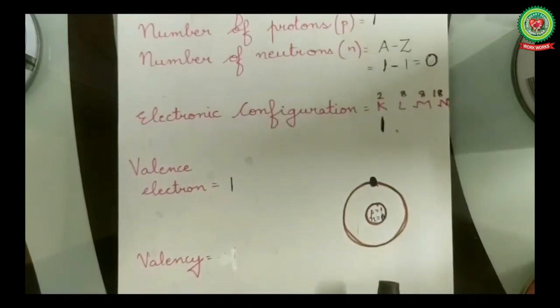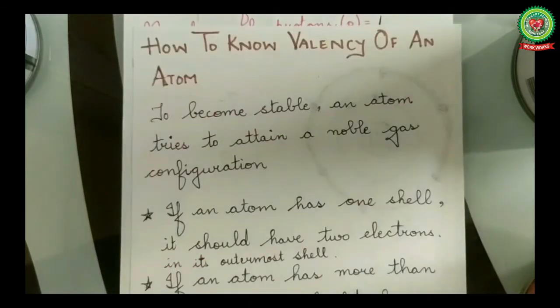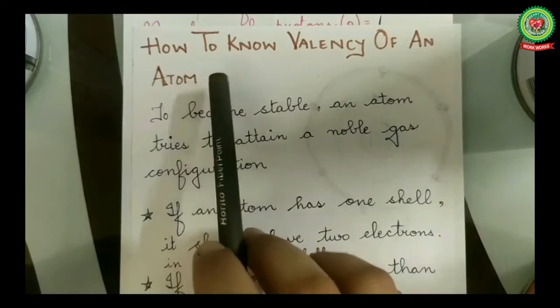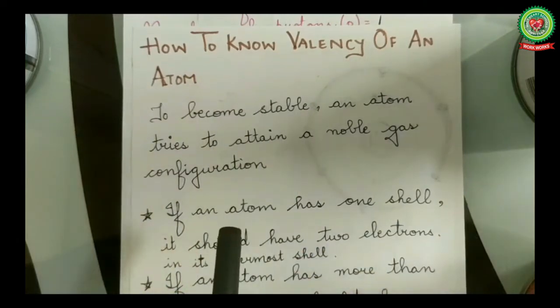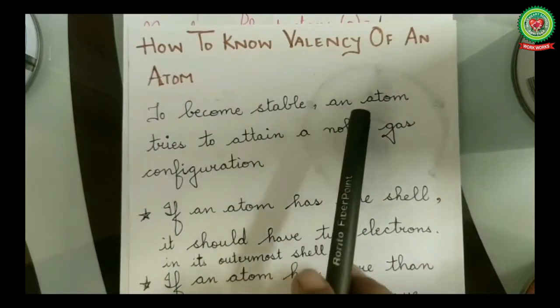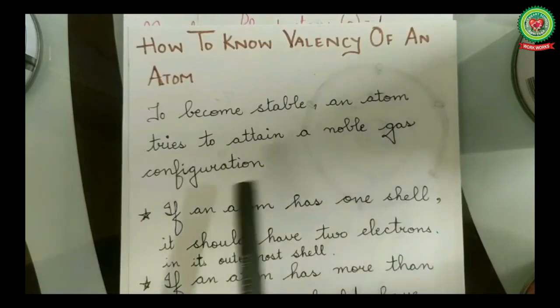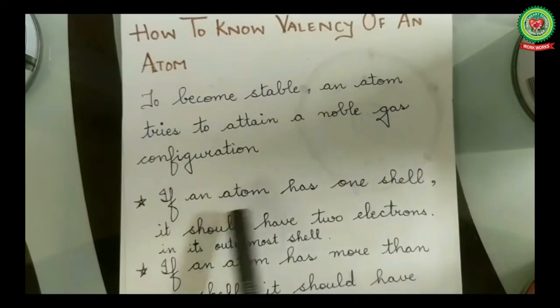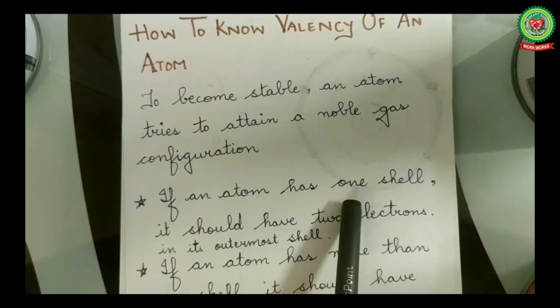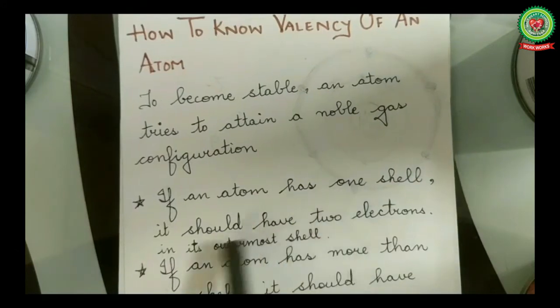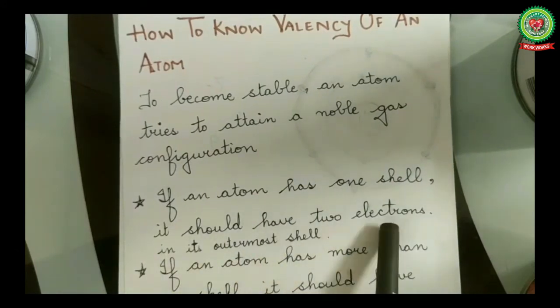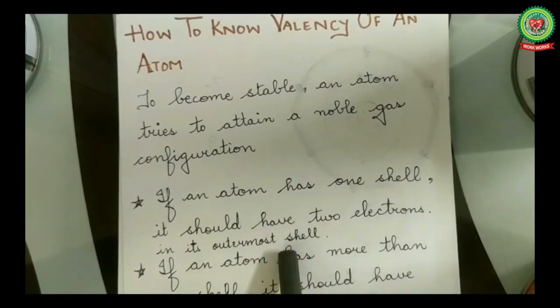Now finding its valency. At first we should know how to calculate valency. To become stable, an atom tries to attain a noble gas configuration. If an atom has one shell, like hydrogen, it should have 2 electrons in its outermost shell, that is K shell.